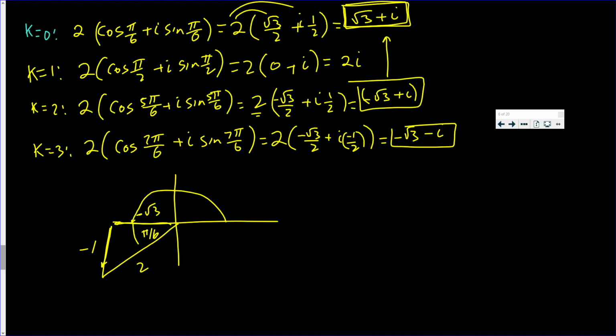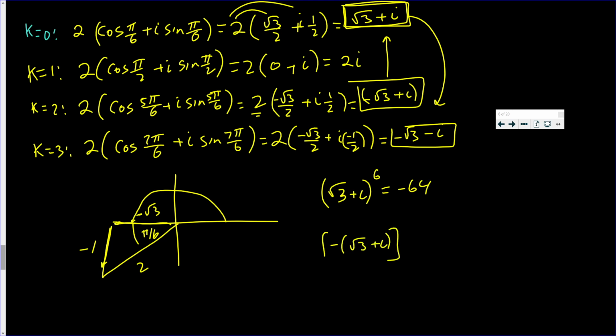And it makes sense because these two differ by a minus sign. If it turns out that this to the 6th power is negative 64, then negative 1 times this to the 6 is 1 to the 6 times radical 3 plus I to the 6, and negative 1 times itself an even number of times will be 1. Sorry, this is negative 64.